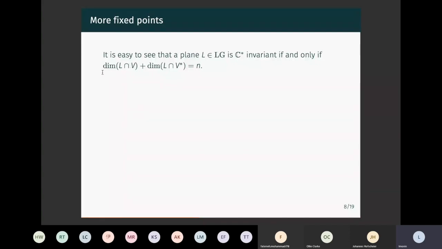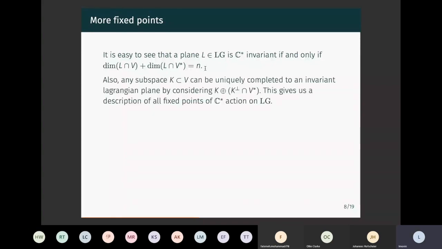More invariantly, the dimension of the intersection of L with V plus the dimension of the intersection of L with V dual is equal to n. Also, if I fix any subspace K inside of V, I can complete it to a Lagrangian plane by considering K plus the orthogonal of K intersected with V dual. It turns out this is always Lagrangian, which is also very easy to check.